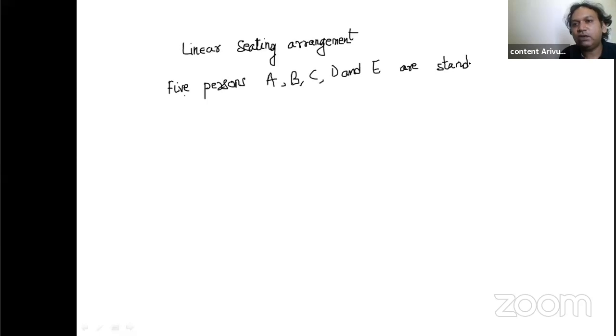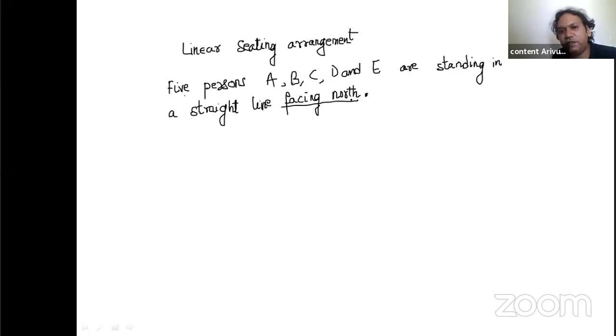So the standing or seating is all the same. Okay, are standing in a straight line facing north. This is how the question will always start. Now in this case, I'll tell you which side they are facing, and I'll explain to you the reason behind this.